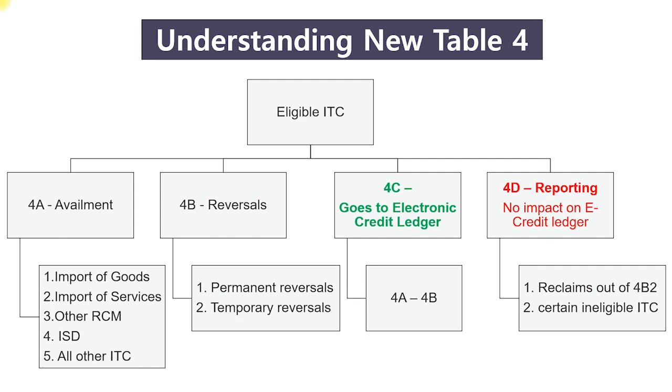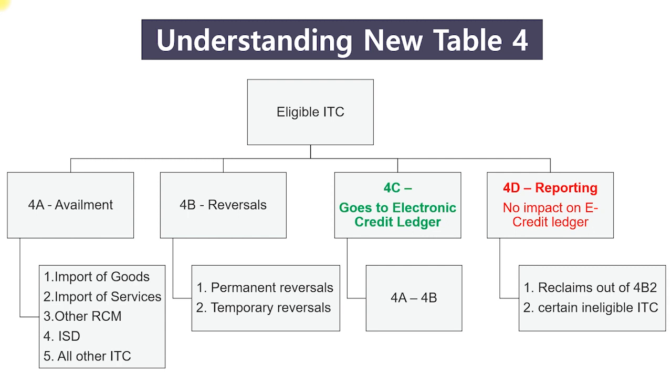new Form 3B. Let us first understand this table 4, which is segmented into four broad categories. Now, this we have to remember throughout this presentation, so I will be making references to these 4 segments with these headers. 4A is about availment of ITC. 4B is about reversals of ITC. 4C is the most critical part because this is what travels to my electronic credit ledger. 4D is only a reporting requirement where there will be no impact on the electronic credit ledger.